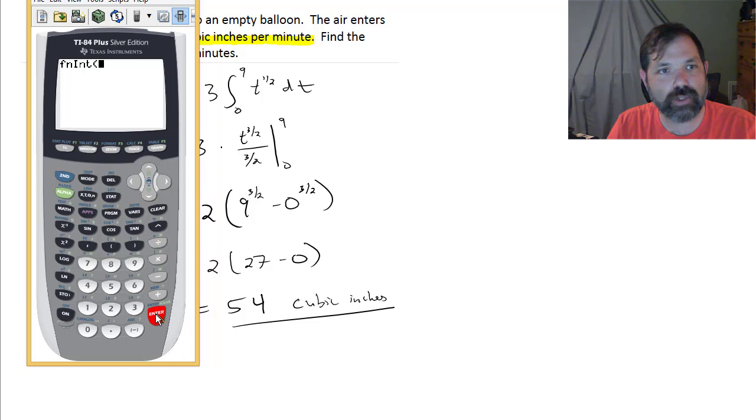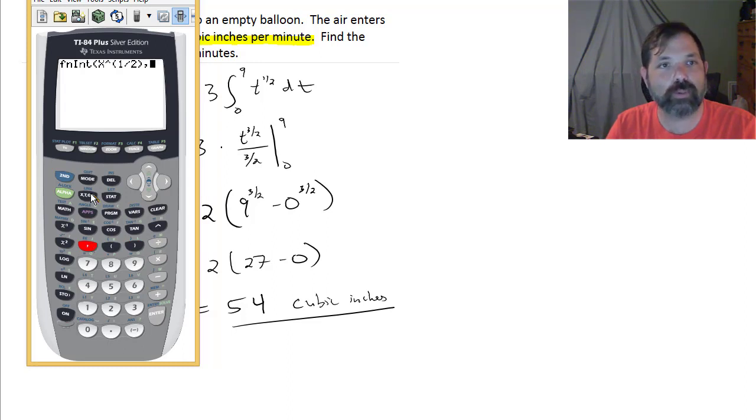If we hit enter on this, it brings up the FNINT on my home screen. I have to type in the function. Now, I can use t, but remember, it's a dummy variable. I can use whatever variable I want. I'm just going to use x, so x to the 1/2 power, comma, what variable am I integrating with respect to?